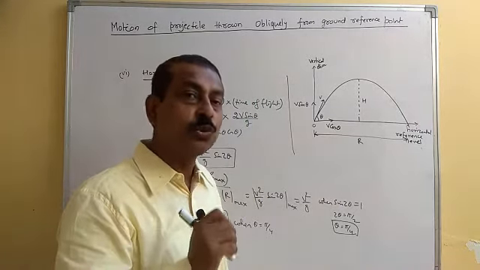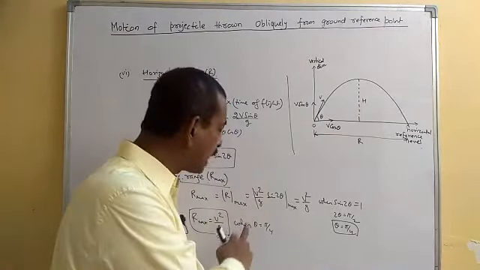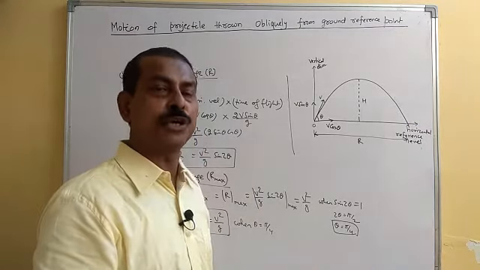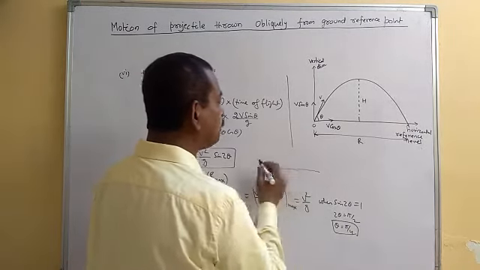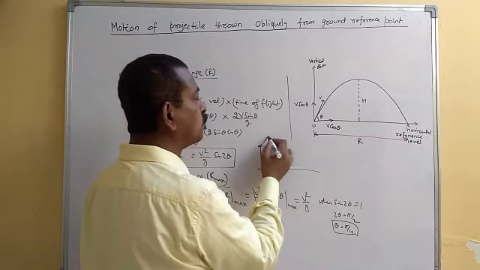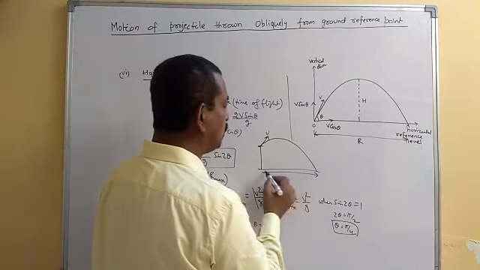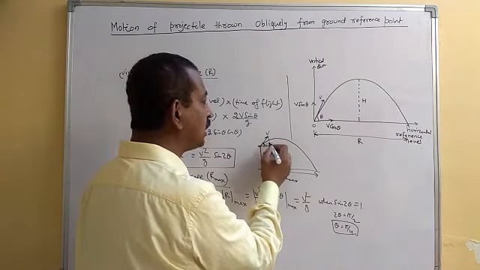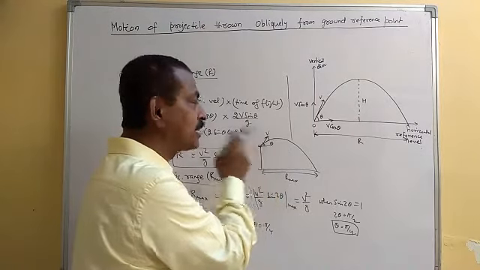But if it is thrown from a certain height, in that case, for maximum horizontal range, the angle of projection should be slightly less than 45 degrees. Suppose we are throwing a body with velocity v from the top of a building, and we want it to have the maximum range on the ground. Then this particular angle for maximum horizontal range will be slightly less than 45.